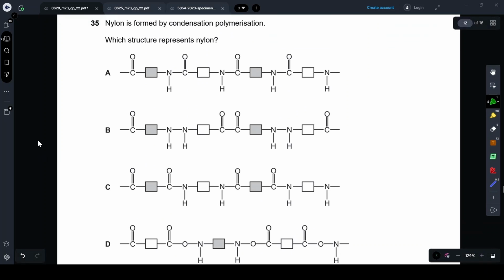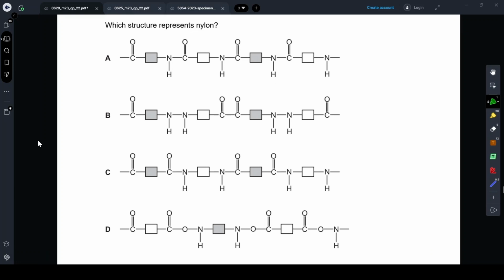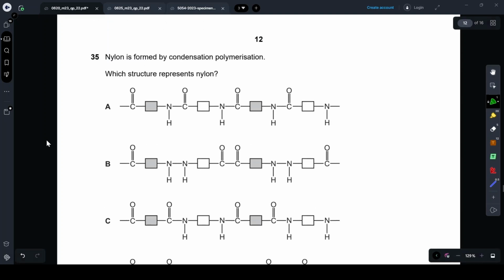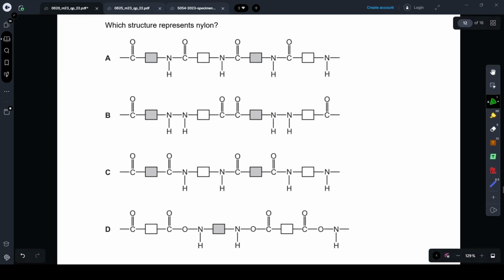Same. Nylon is formed by condensation polymerization. Which structure represents nylon? Can you help us with this one? Okay, so what happens in nylon is that you are using a dioic acid and a diamine.